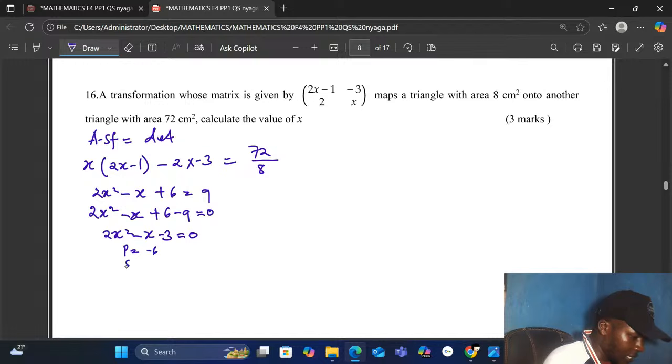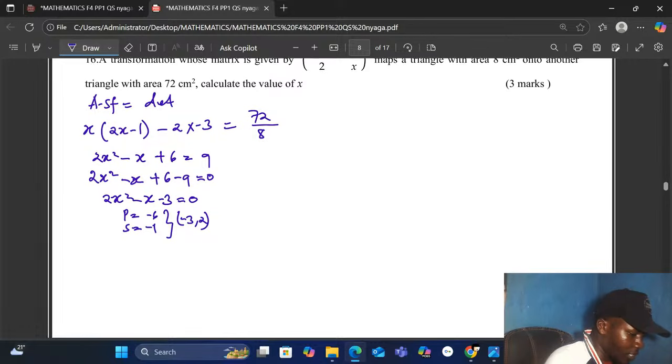Then the sum will be equal to negative 1. So the numbers here will be negative 3 and 2. So that we have 2x squared plus 2x minus 3x minus 3 equals 0.